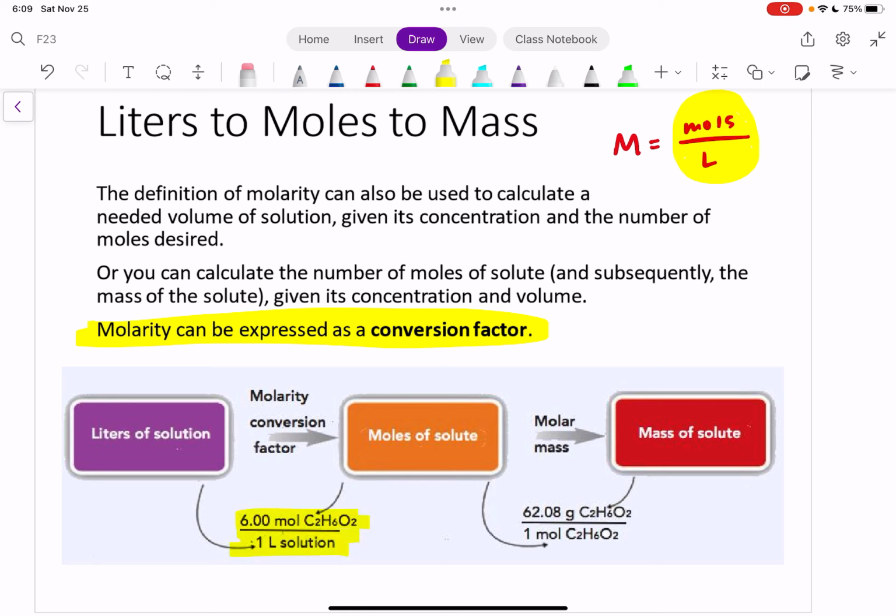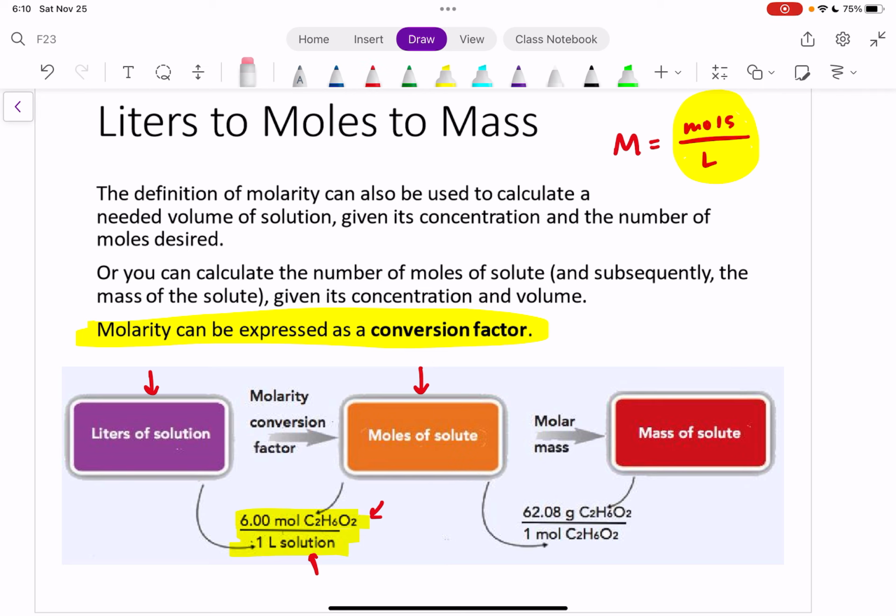So see down here, if we start with something like liters of solution, and we want to get to moles of our solute, we can use molarity as a conversion factor, where we have liters on the bottom of our fraction, and moles on the top. And that allows us to get to moles of our solute.